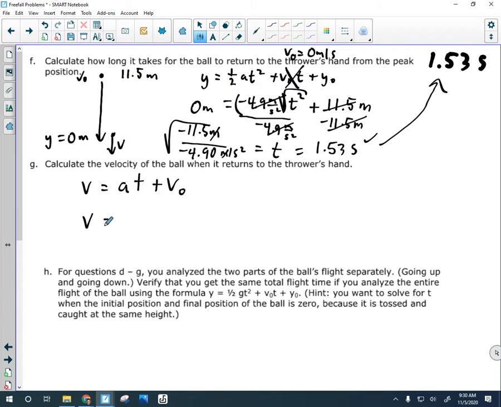I'm trying to find the velocity. If I'm accelerating at negative 9.8 meters per second squared, I do know the time I'm interested in is 1.53 seconds worth of falling. And the starting velocity, if I'm just analyzing the second half, is 0 meters per second.